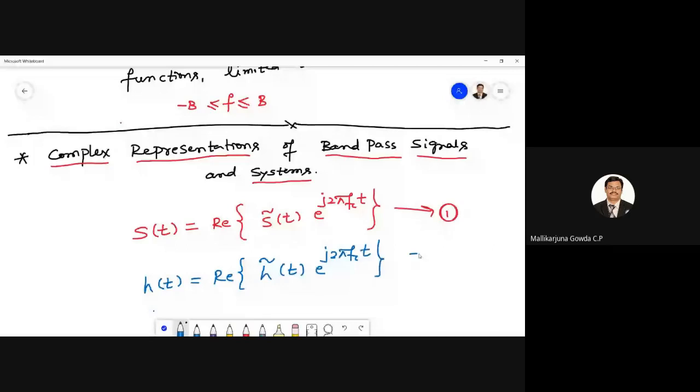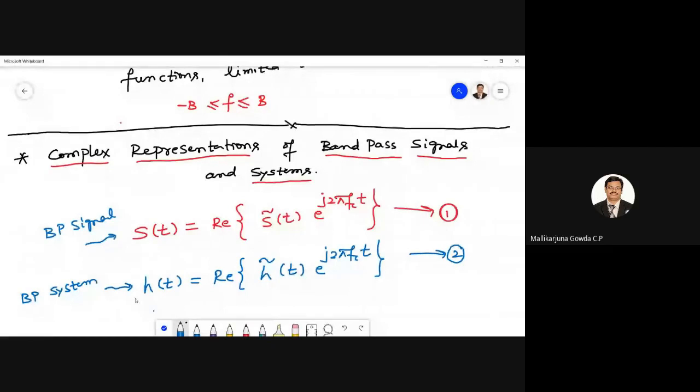The first one is for the signal, the second one is for the system. So how do I express the bandpass signal in terms of the complex envelope, and how do I express the impulse response of the bandpass system in terms of its complex impulse response h tilde of t?